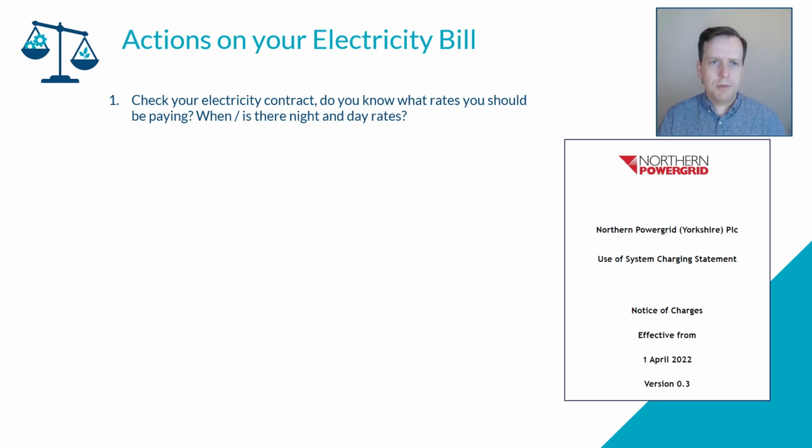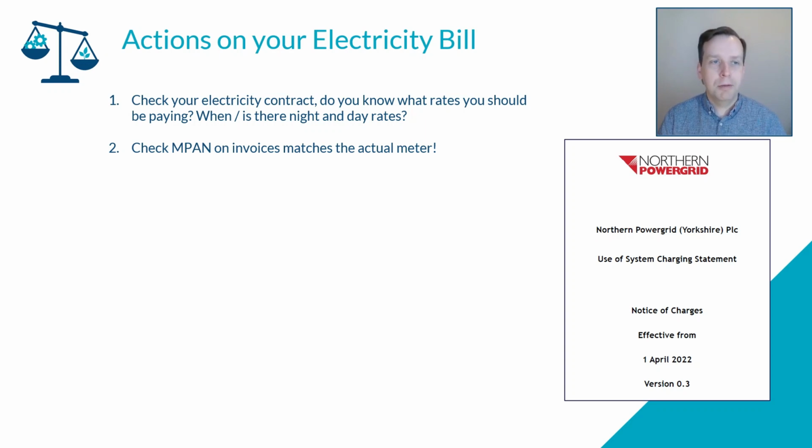So some general actions to take on your electricity bill, again UK focused, but no doubt applies to other territories. Check your electricity contract, know what rate you should be paying, the day and night rates. Have that basic information, understand exactly how much you're paying per kilowatt and when. Check your MPAN matches your actual meter.